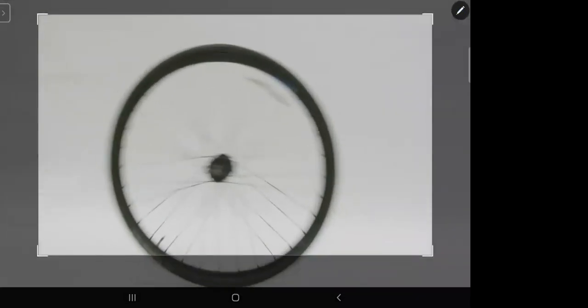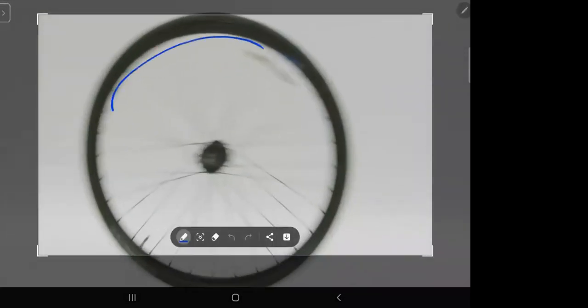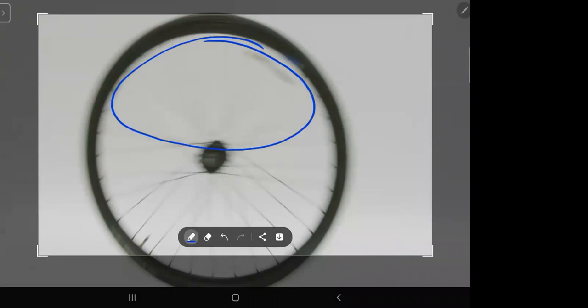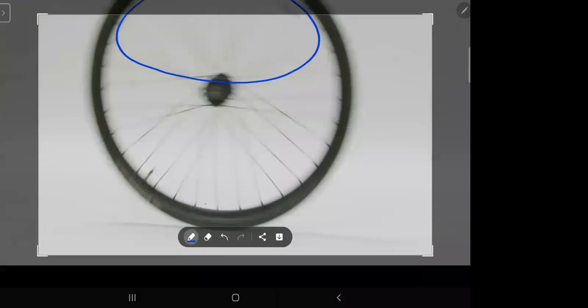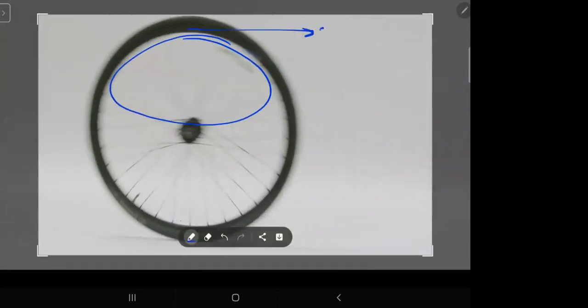Can you see the upper part? This is a blur. There's no clarity. Look at the bottom part. Can you see there is clarity? The reason is these points are going faster. The center is going with V. Here the speed is less. If you see, it is more clear from here.